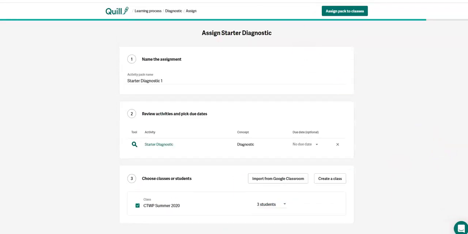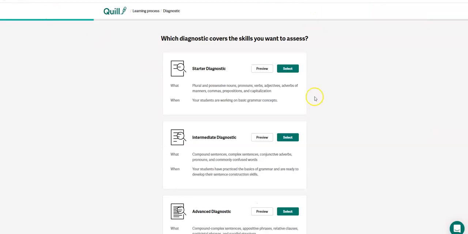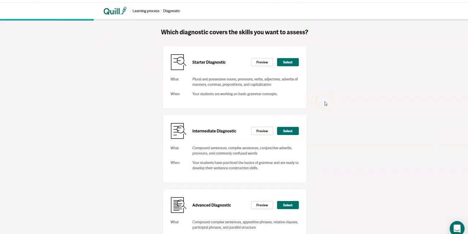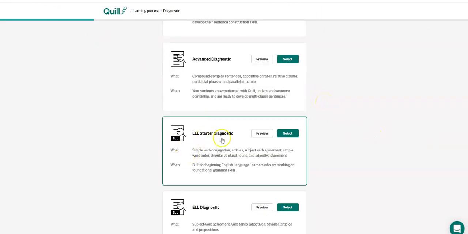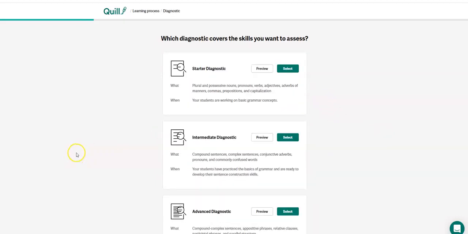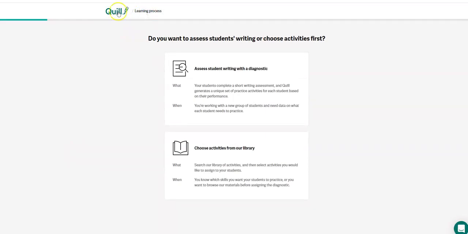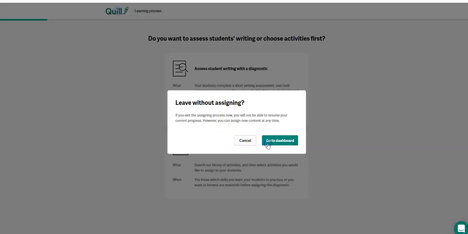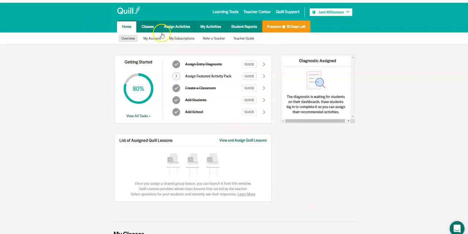I have actually already done this, so I don't want to show you at this moment. I'm not going to click all the way through. But then you also would repeat the same thing with your ELL. And here I will show you where I have already assigned them.